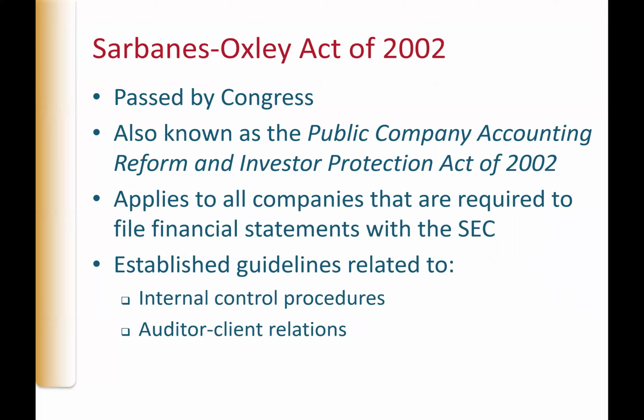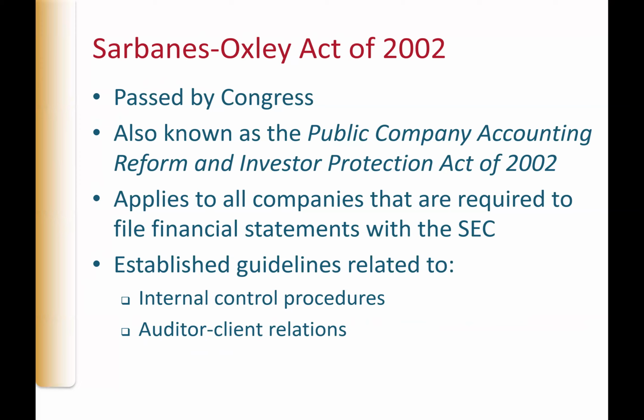So they came out with an act that was basically focused on public companies, those companies that are required to report their financial statements to the Securities Exchange Commission. So those that have stock on the national exchanges.